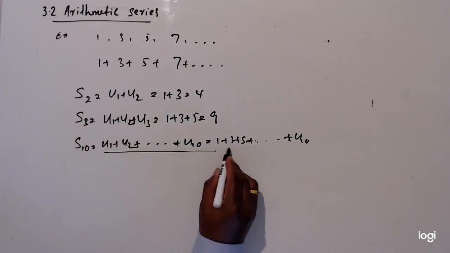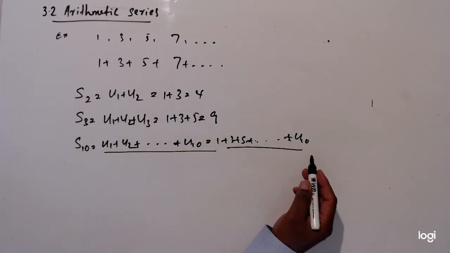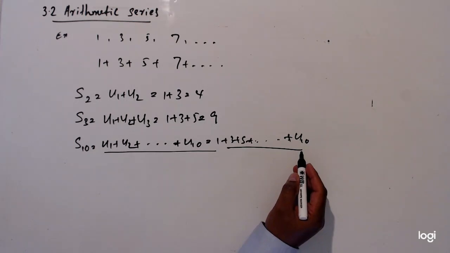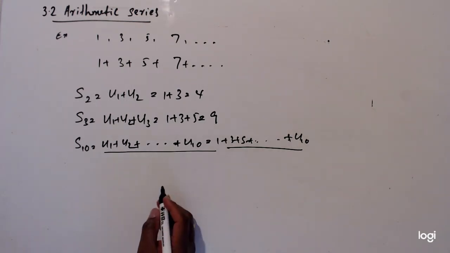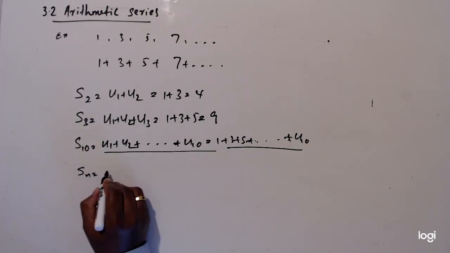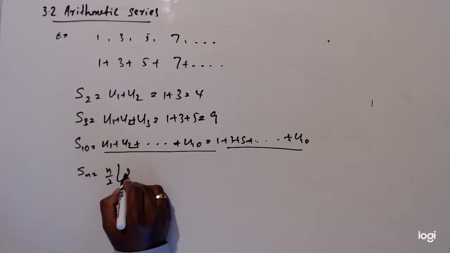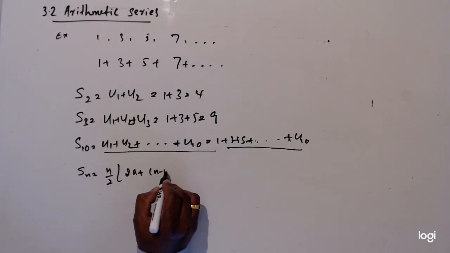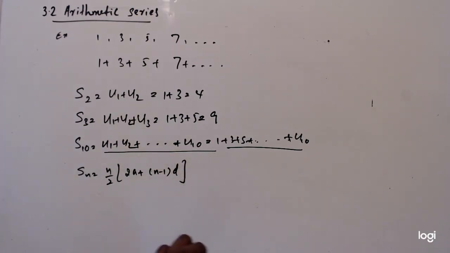Instead of adding up 10 terms, where we need to know all the terms, which is a difficult task, we have a simple formula: Sn is n divided by 2, times 2a plus n minus 1 times d.